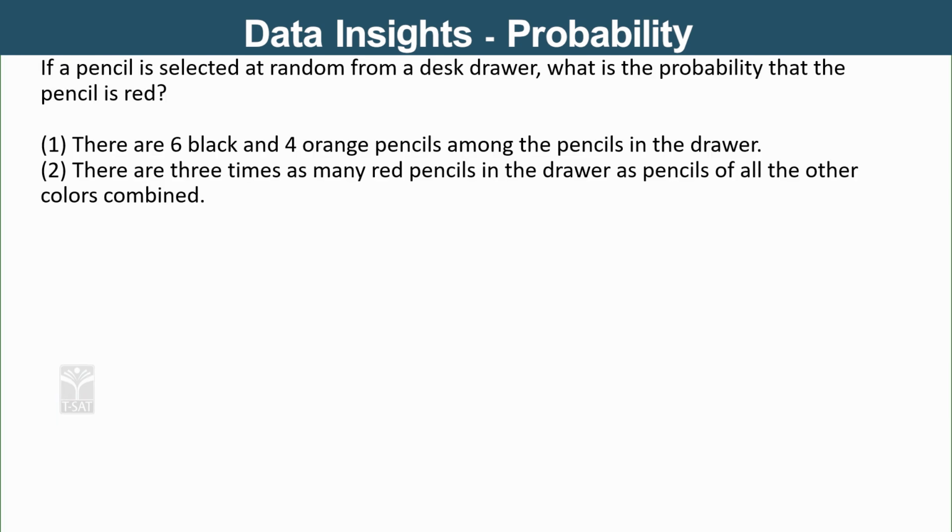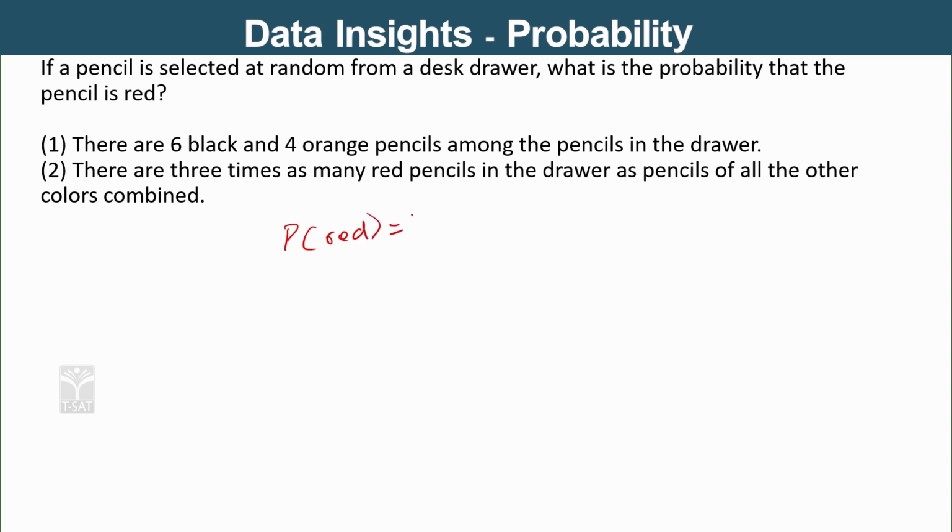If a pencil is selected at random from a desk drawer, what is the probability that the pencil is red? Statement 1 says there are 6 black and 4 orange pencils among the pencils in the drawer, and statement 2 says there are 3 times as many red pencils in the drawer as pencils of all other colors combined. Okay. So, you want the probability that the pencil selected will be red.